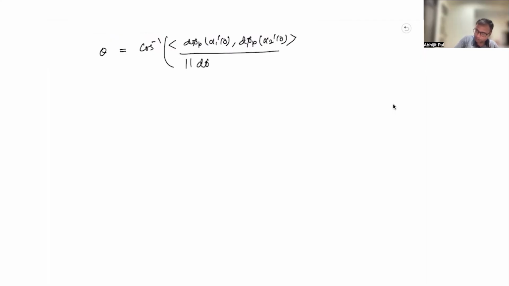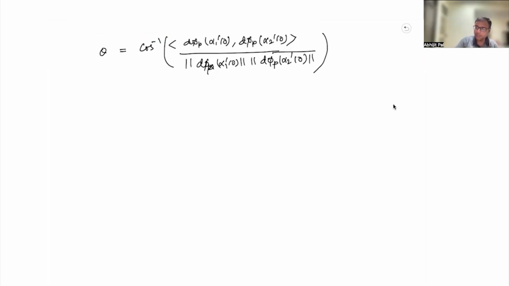Therefore, this theta will be equal to cos inverse of the inner product of d phi p alpha 1 prime 0 and d phi p alpha 2 prime 0 divided by the norm of d phi p alpha 1 prime 0 multiplied by the norm of d phi p alpha 2 prime 0.